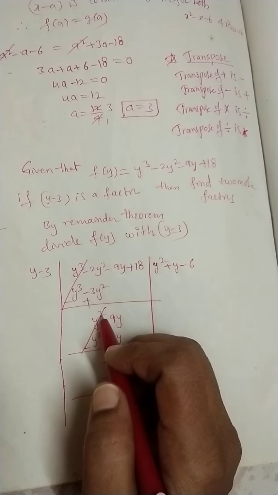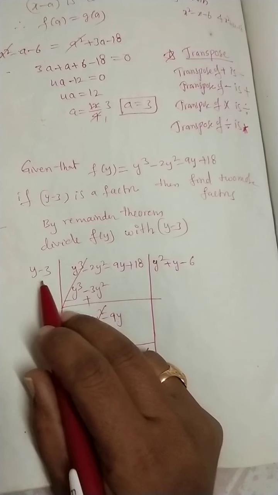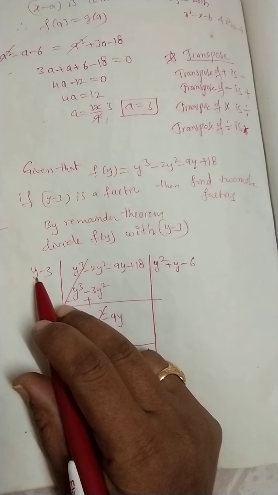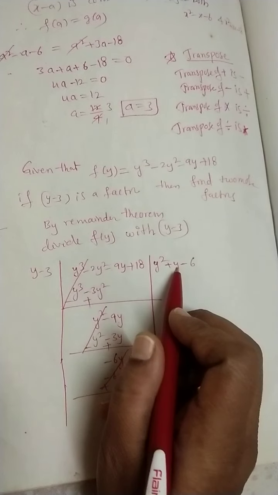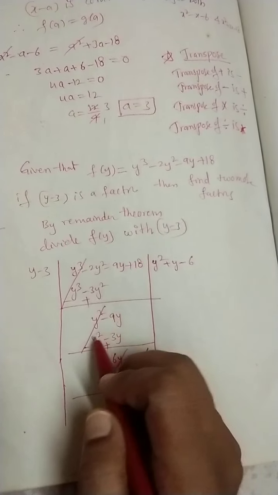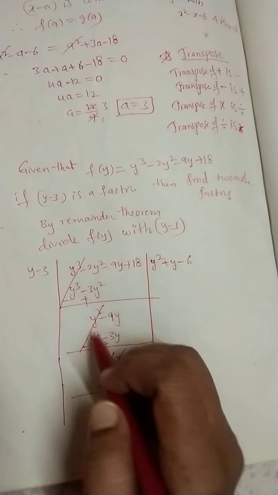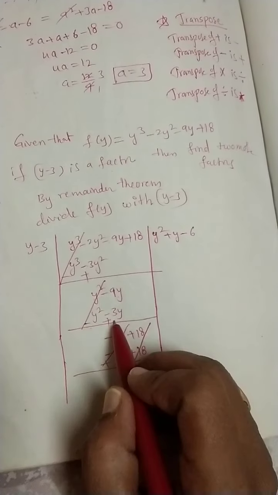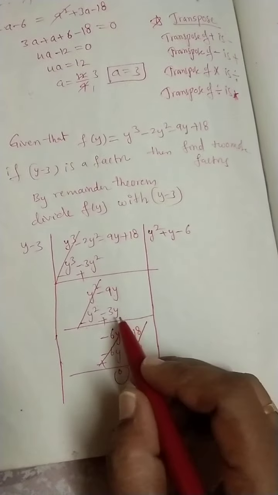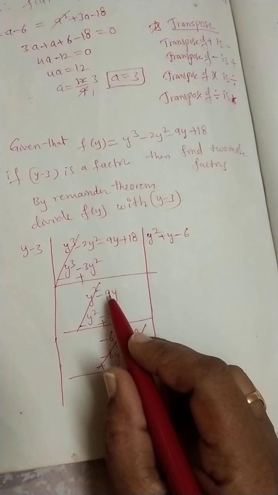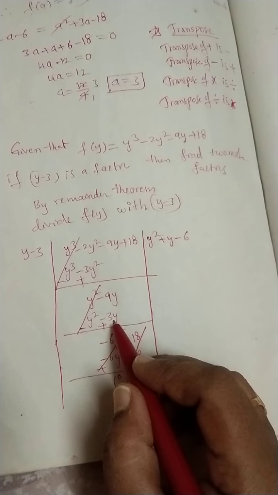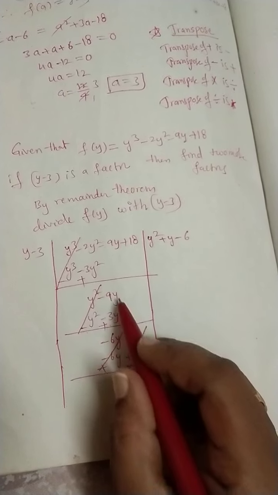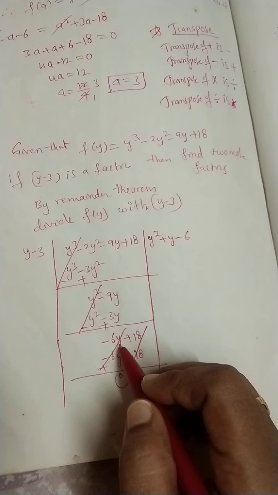Here you want y square. How can you get it? For y you can multiply with another y. So I took y into y square, and minus 3 into y is 3y. Now change the symbols and do the cancellation. Remaining is minus 9 and plus 3, and if you subtract you get minus 6y.